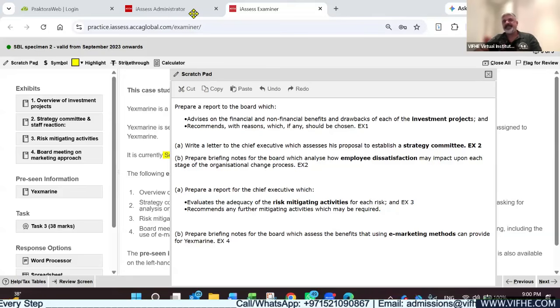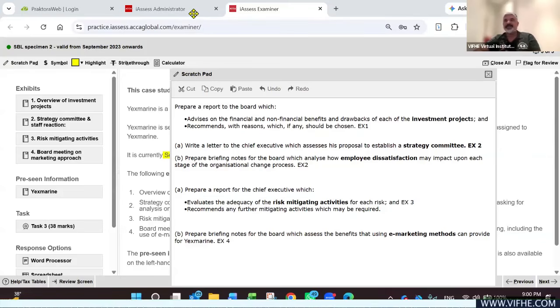Qatar is asking, is there any question which might not have an exhibit? Yes, it is very much possible that one of the requirements may not have a direct exhibit.